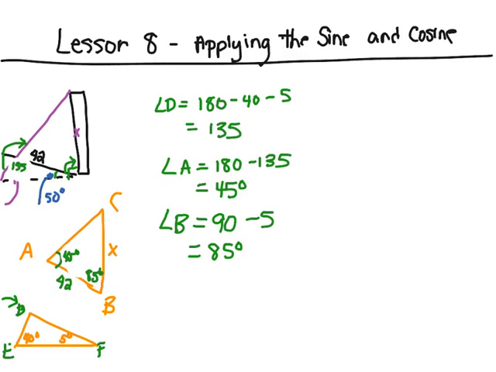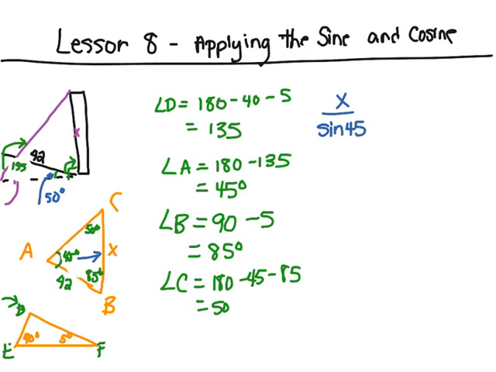So using that, it's easy to find angle C, which would be 180 minus 45 minus 85, which is 50. So now we know all of our angles. Now we just need to find our x. So we're going to use the sine law. So we have x over the sine of 45 is equal to, we know these two, so 42 over the sine of 50.